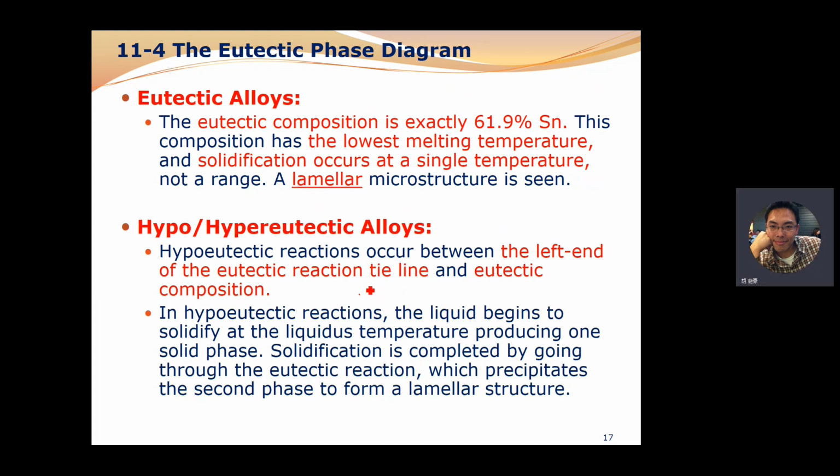And for the eutectic alloys, the eutectic composition is exactly 61.9% of tin. This composition has the lowest melting temperature, and the solidification occurs at a single temperature, not a range. A lamellar microstructure is seen. That's the reason why the eutectic reaction is so important: it has the lowest melting temperature.